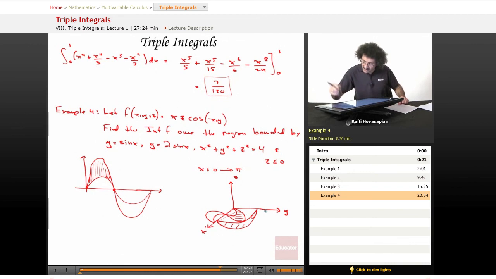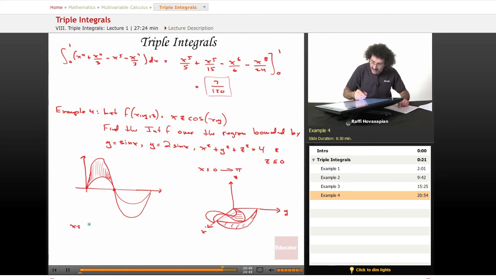I'm not doing a very good job drawing it, but you know what's happening. It's basically this region, everything below the xy plane touching the sphere x squared plus y squared plus z squared equals 4. So now let's go ahead and recall what's going where.